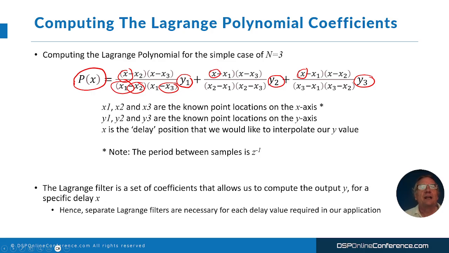So x1, x2 and x3 are the known points of our data set. y1, y2 and y3 are the known locations on the y-axis. And x is the delay position at which we would like to interpolate our values.